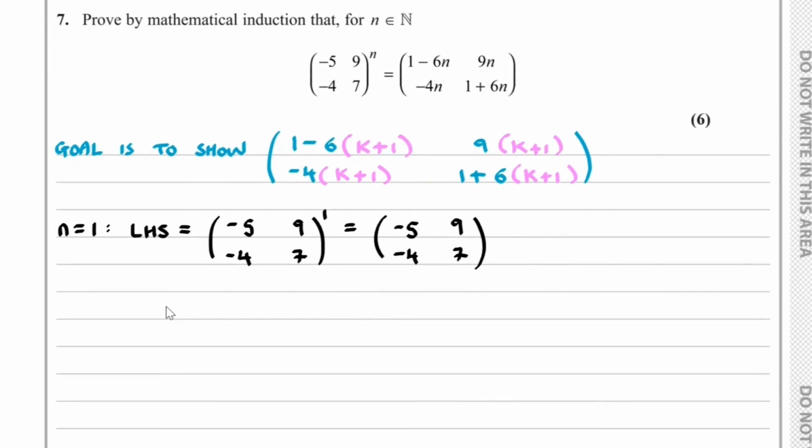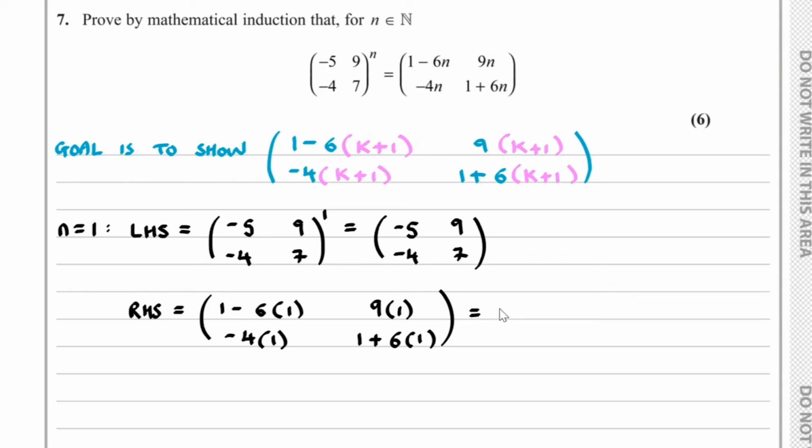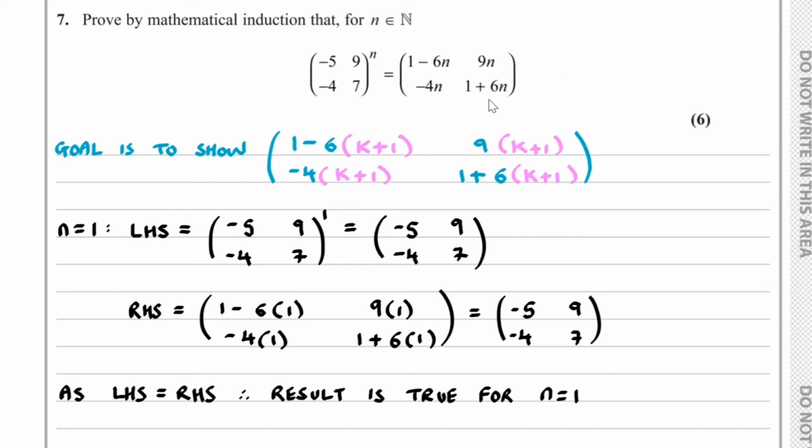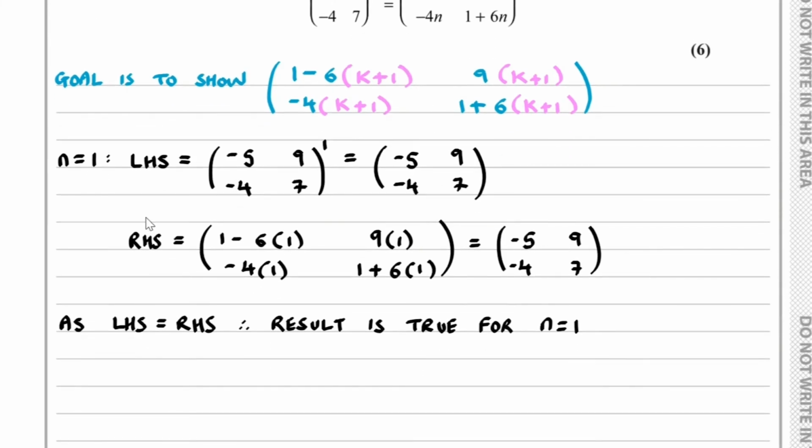And then on the right-hand side, we end up with 1 minus 6 times 1, minus 4 times 1, 1 plus 6 times 1, and 9 times 1. And if I work this out, I get the same result, minus 5, 9, minus 4, 7. And what we see over here is, because the left-hand side is equal to the right-hand side, the result is true for n equals 1.